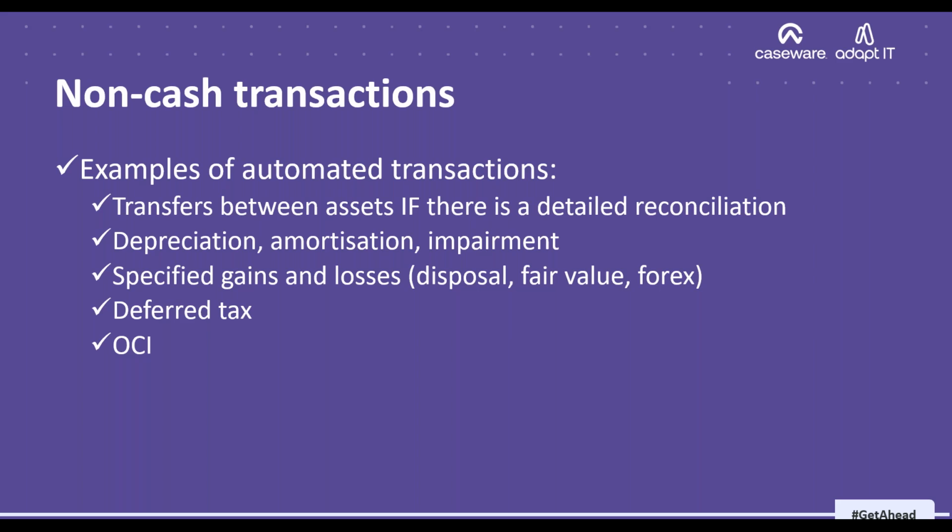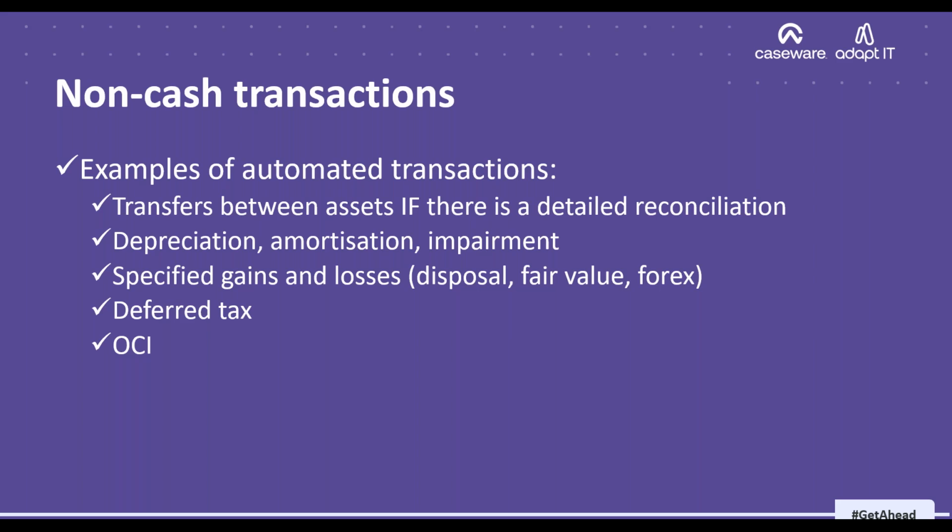This is only going to be pulled through if there's a detailed reconciliation, so those are basically your non-current asset notes, which have a reconciliation as part of the disclosure requirements. But if your transferred asset is something like inventories, there is not a reconciliation in the inventories note, and so that would not be automated.